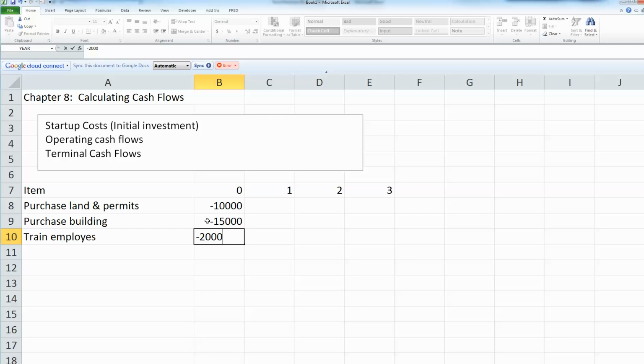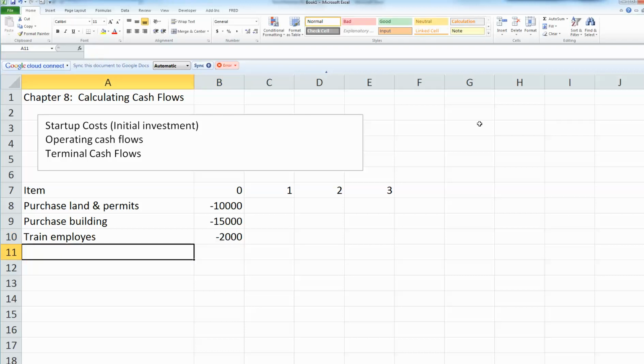Whereas purchasing the building, the IRS says you cannot deduct the entire cost of that building the year it occurs. You instead get to deduct it in small increments over the next 15 years. So the tax benefits associated with the deductions won't happen until years 1 through 15 for the building. The tax benefit of the deduction for training your employees will happen the year that it occurred at time 0.